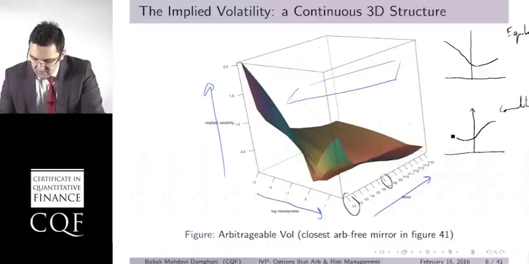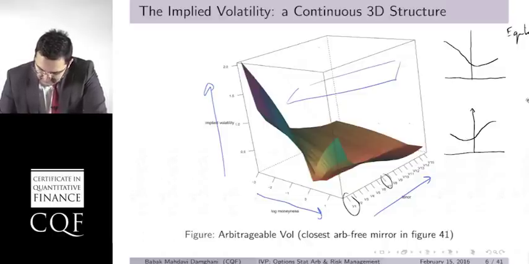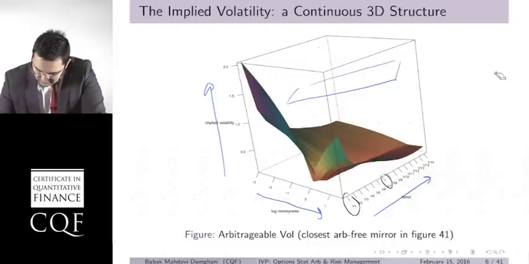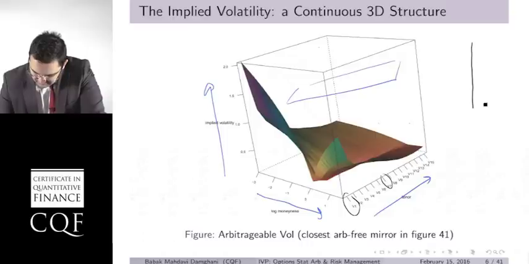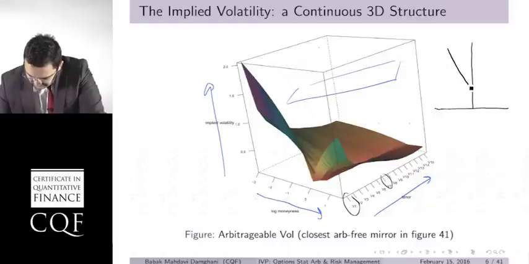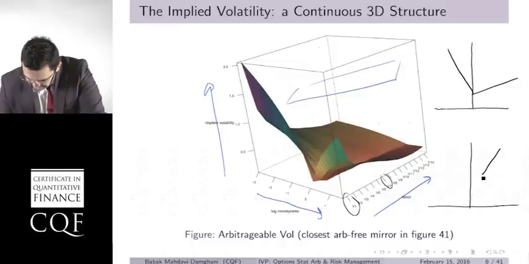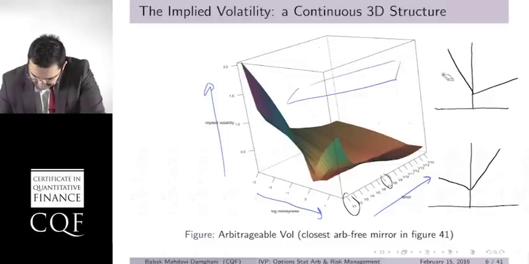Okay, the reason why you have these different structures, so for the sake of making it a little bit more intuitive, I'm going to vulgarize a little bit these shapes. So in equities, let's say it's something like this. And in commodities, it's something like that, except oil again. Okay, so in equities, this side is bigger than this side. Okay, and in commodities, this side is bigger than this side.